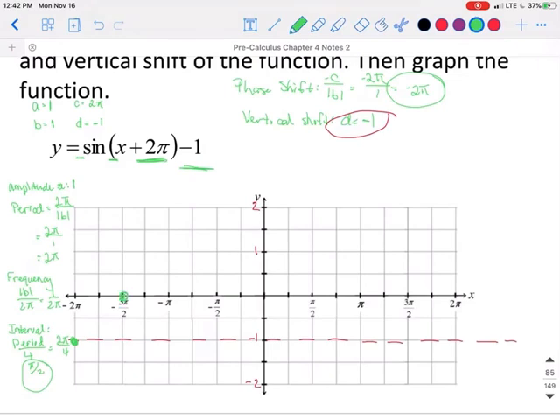So pi over 2 away, we're going to go 1 unit above the line. Pi over 2 away, we're back to the line. Below the line, on the midline, up, midline, down, midline. From here, you would just draw your graph.